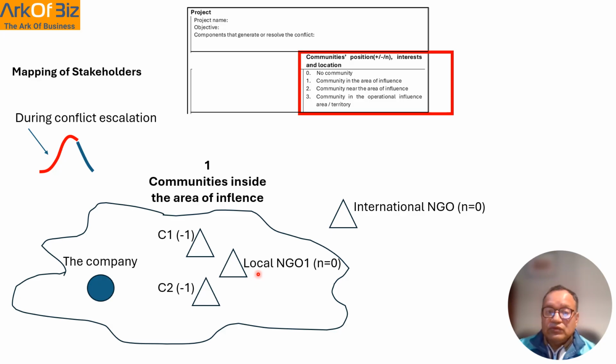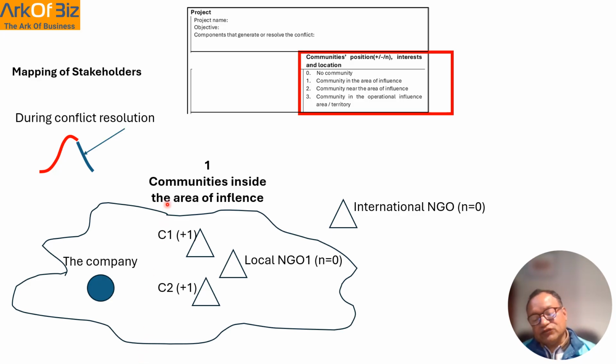And the 2 NGOs, the local and the international NGO, are assigned a value of 0 because they are neutral. They support communities rather than directly participating in the conflict. So this graph shows how community oppositions and NGO support are represented in the stakeholder mapping during conflict escalation.